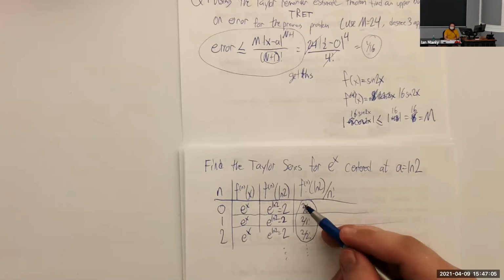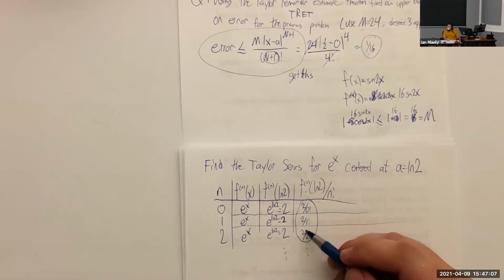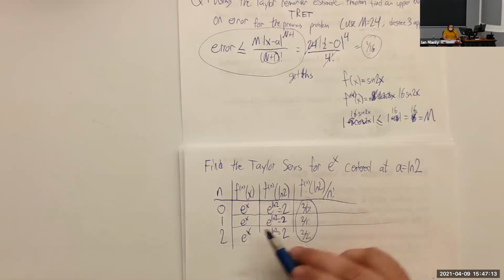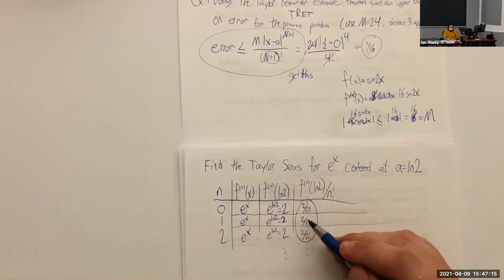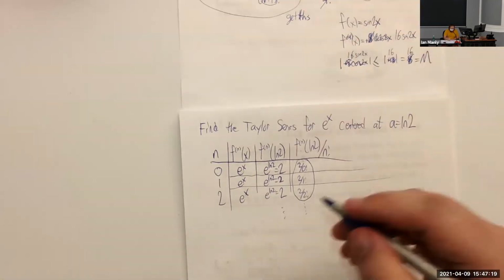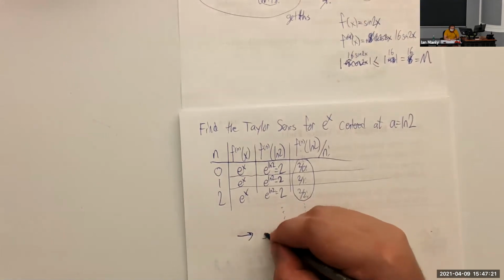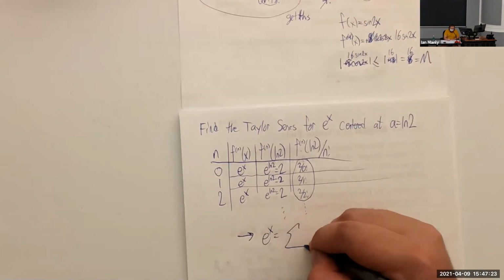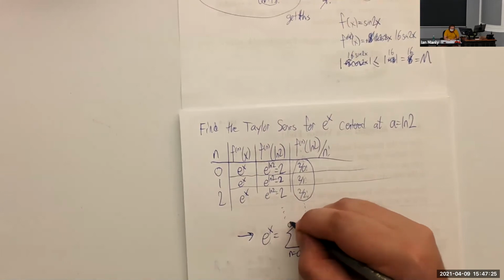So no matter how far down we go, we're going to have 2 in the numerator, and then an increasing factorial depending on n in the denominator. All right, so what does this mean for our series? This means that our series for e to the x is the sum from n equals 0 to infinity.